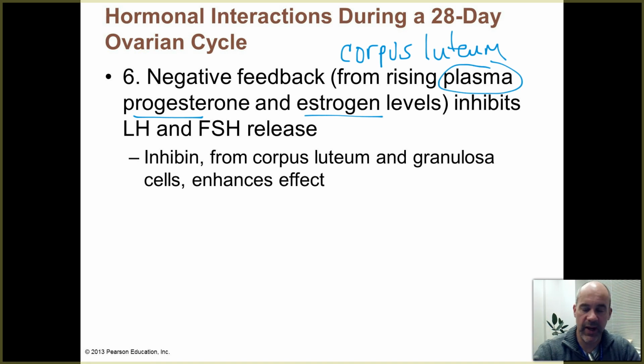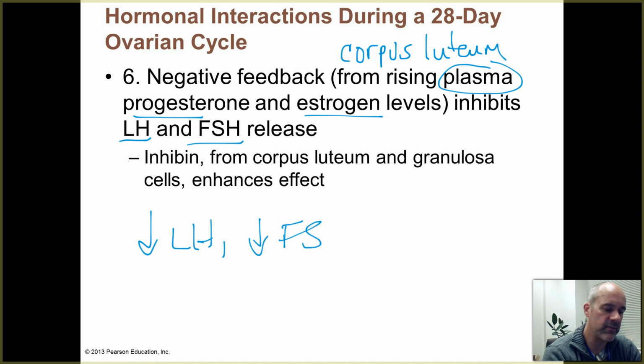And those exert negative feedback on the anterior pituitary and the hypothalamus as well. So you have decreased LH and FSH. And also you have inhibin from the corpus luteum as well, enhancing the negative feedback of progesterone and estrogen.